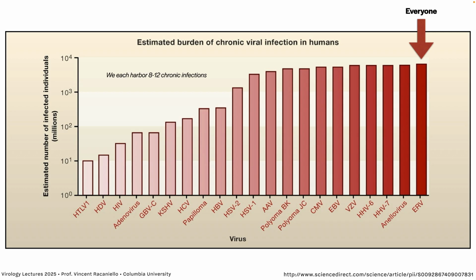Anellovirus, HHV6 and 7, VZV, EBV, CMV, polyomaviruses, AAV, adeno-associated virus, parvovirus, simplex viruses, hepatitis B, papillomas, HCV, Kaposi's sarcoma herpes virus, and adenovirus, HIV, here's HIV, 35 million people. So almost everyone is infected with more than one virus.